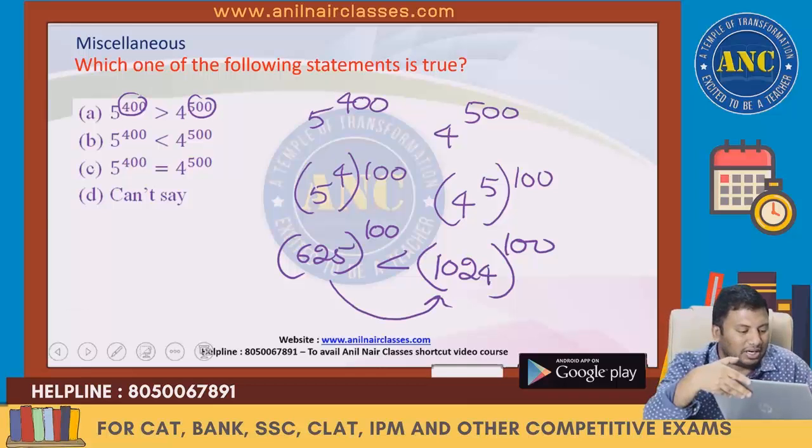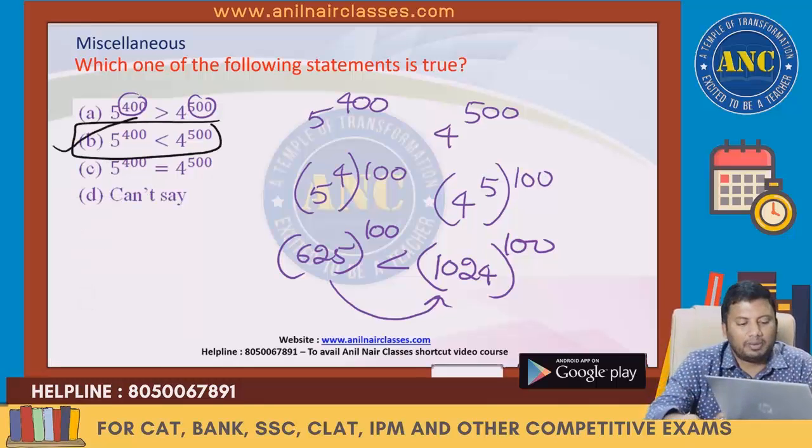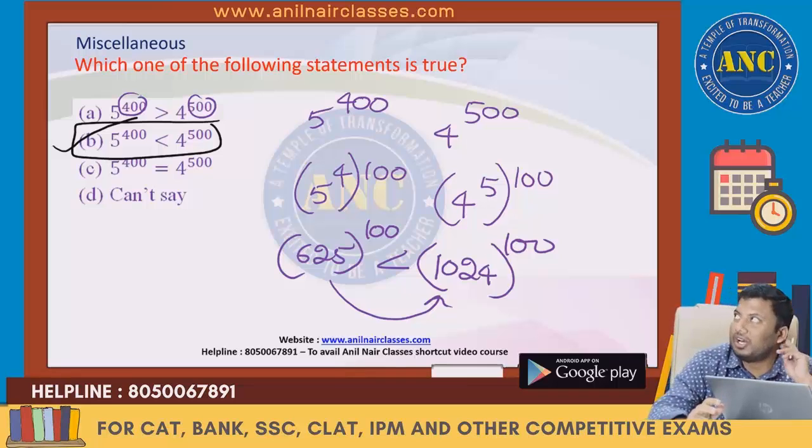So 5 power 400 is less than 4 power 500. I hope it is clear. Idea we just now discussed. All are based on ideas, sir.